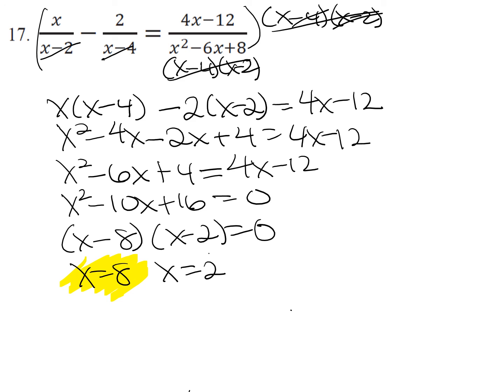I'm plugging in a 2, so that'd be 2 over. Uh-oh, I have that same problem come out. Do you see what happens? If I have 2 over 2 minus 2, 2 creates a 0 in the denominator, meaning that it cannot be an answer.